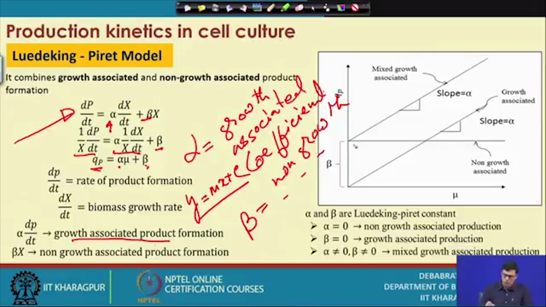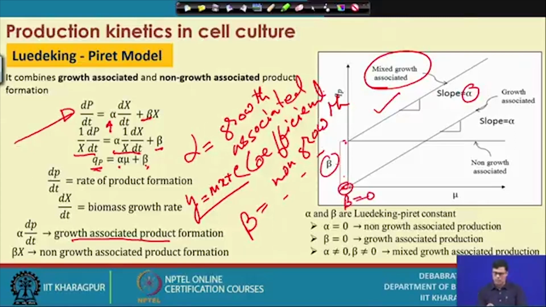So, what we have seen is that in this plot the intercept is the beta value, and the slope is the alpha value. When in the growth model we have both alpha and beta values, then we call it a mixed growth associated product. Now, when beta value equal to 0, this is passing through the origin.